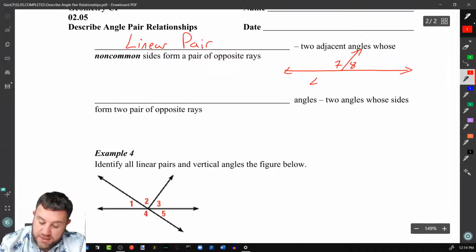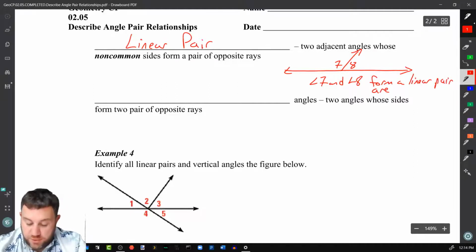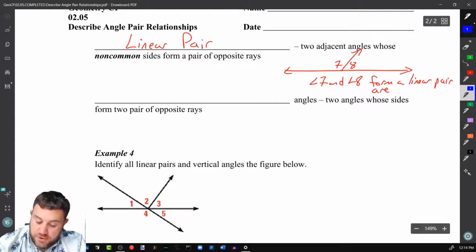So we would say angle 7 and angle 8 form a linear pair, or you could say are a linear pair. Both of those would be correct. And because of this, the way this is set up, we know this is 180 degrees.